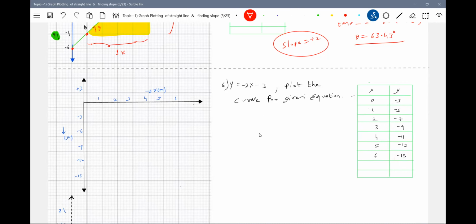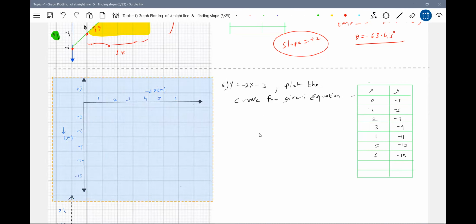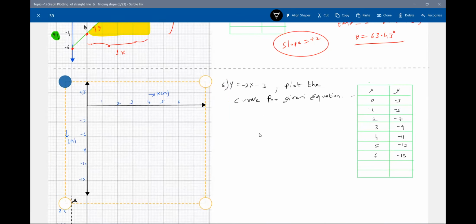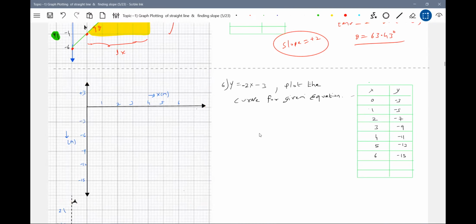Put x equal to 0, y will be minus 3. x equal to 1, minus 5.